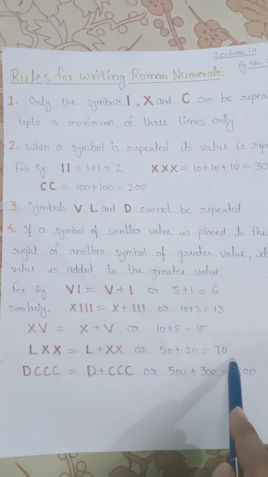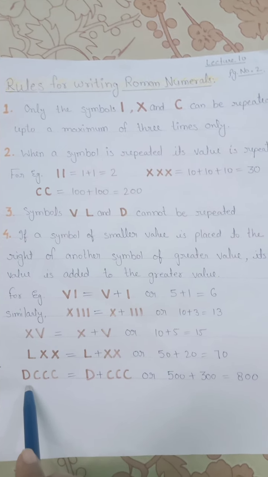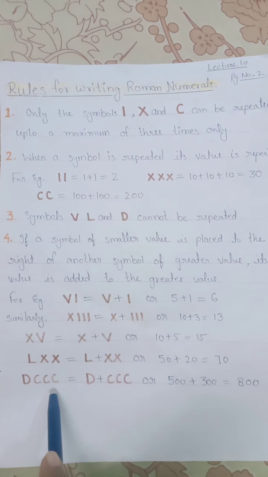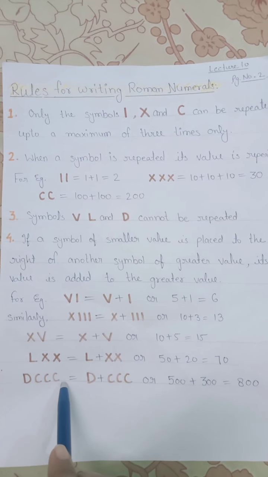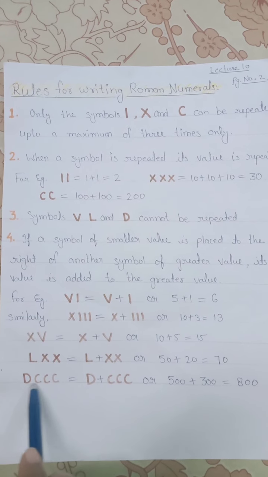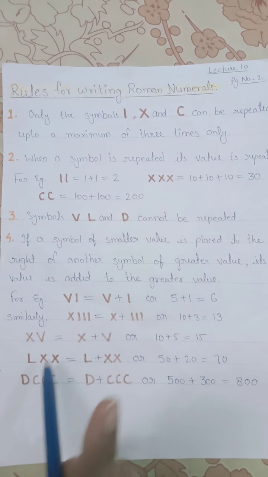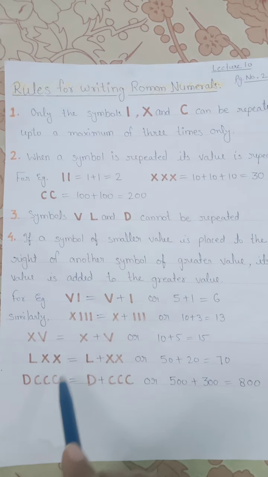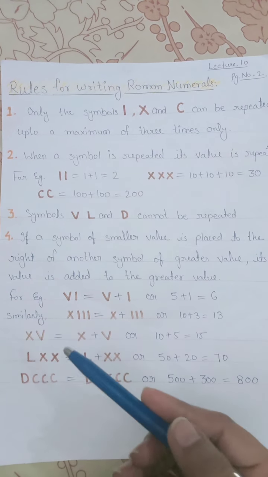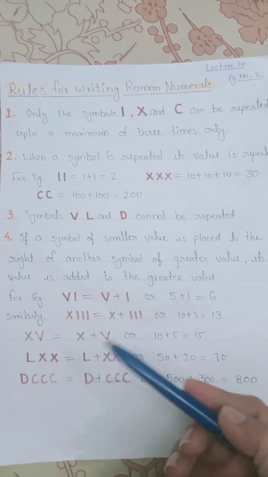70. Look here, students, example number 5. DCCC. Just recall, we use D for 500, we use C for 100. So triple C means here 300.